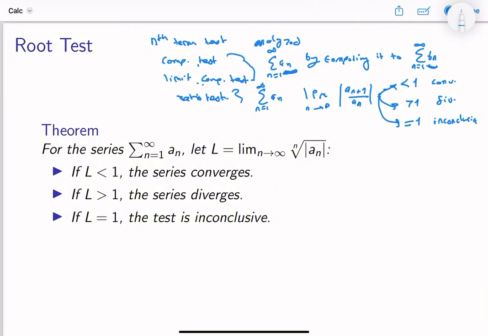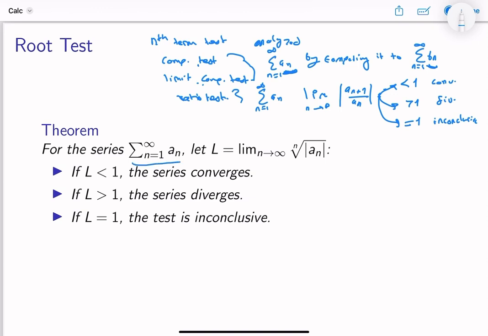Now the root test is more similar to the ratio test than to the comparison test, because we don't compare the series with other series or the summand to another summand. What we do is that we just consider the series itself.